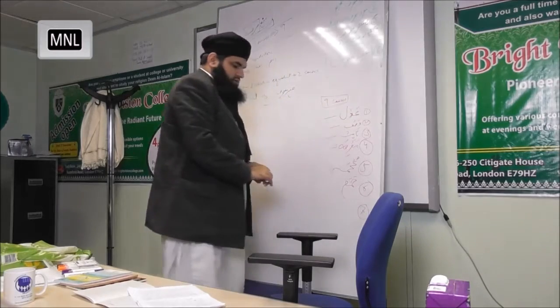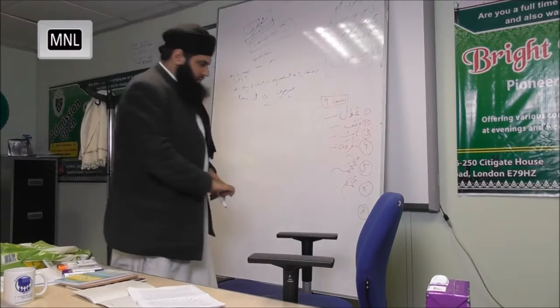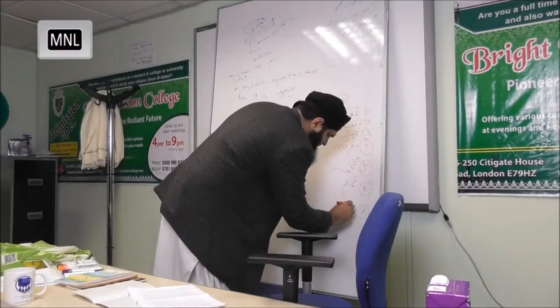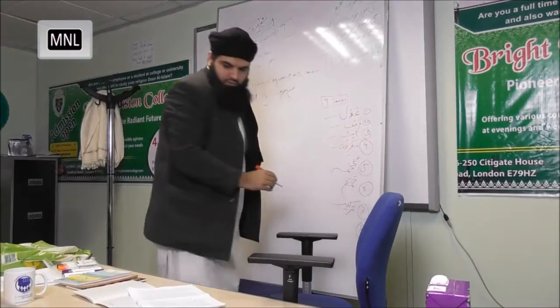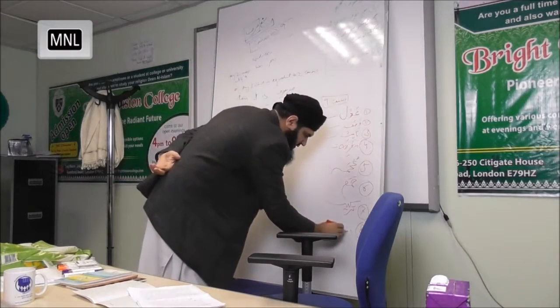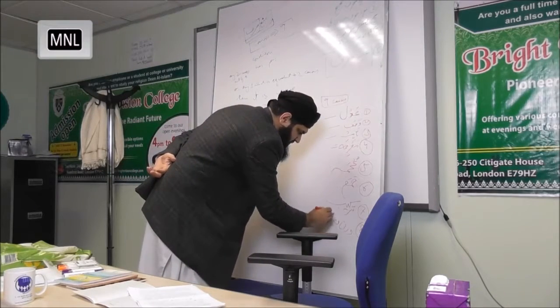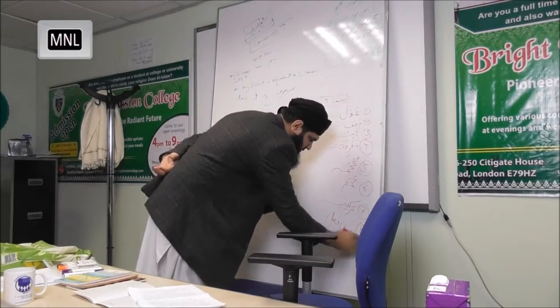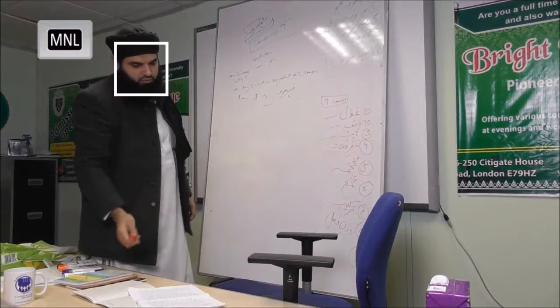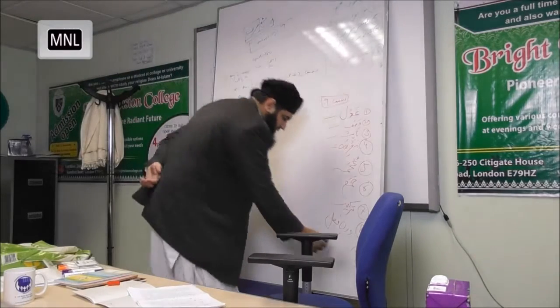Number 7 is tarkeeb. Number 8 is wazn fi'l. And number 9 is alif noon zaidatan.